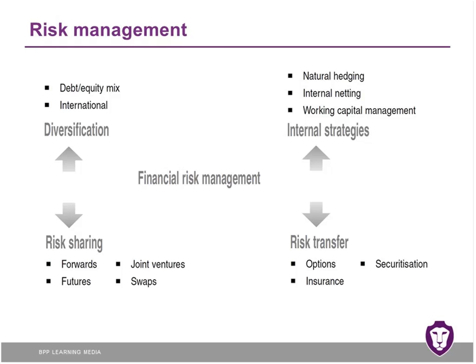Working capital management, internal things, there's lots we can do. We're probably going to talk about debt and equity and international currencies, forwards and futures and options and so on. So we'll come back to these risk management techniques next week.